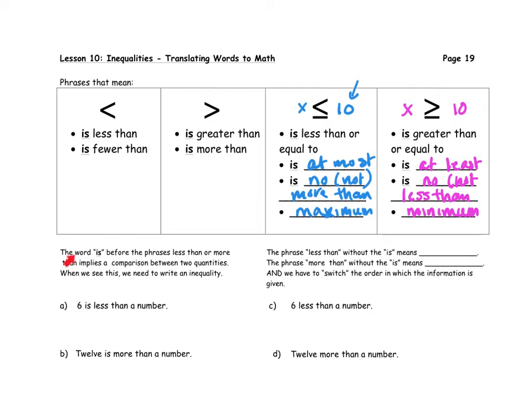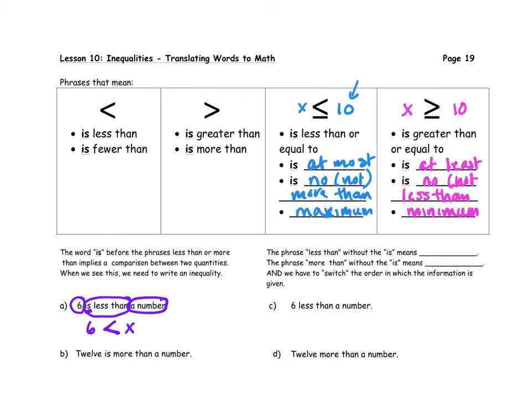Let's remind ourselves the word is before the phrases less than or more than implies a comparison between two quantities. And when we see this, we need an inequality. So if I look at this phrase again, we have 6, and we do have our magic is less than a number. So I'm going to write that as 6, the symbol less than, and a number.